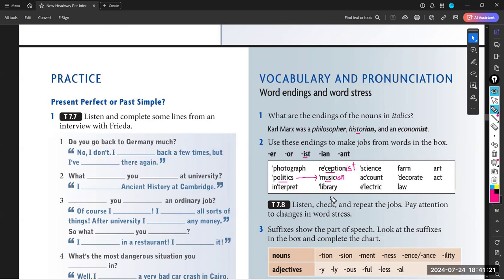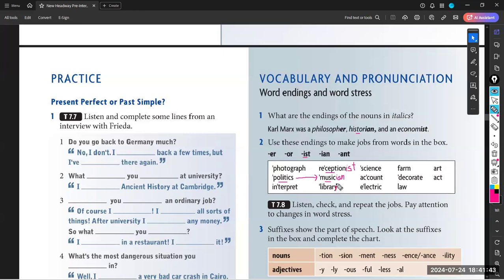Okay, we have library. Now, what can I call the person who works in the library? Library. Are you sure? Librist. Try again. Librarian. Librarian. Thank you.